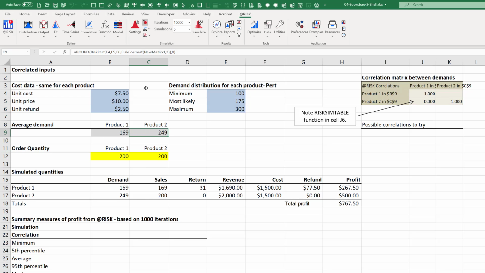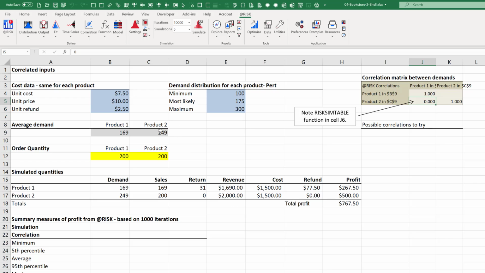If you go to the second one, it will say this correlation comes from the same matrix, but this one is the second product. So now these two input cells have been linked to this correlation matrix, with correlation coming from here, and product 1 being that cell and product 2 being this cell.